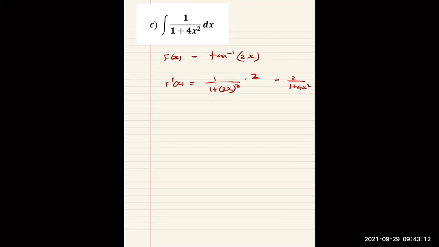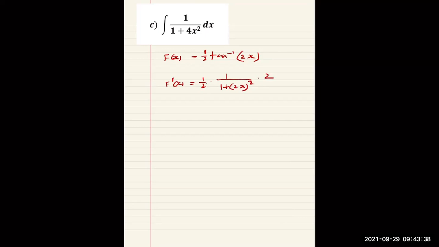Okay. Now let me erase this one again, and let me put a 1/2 here. Now, if I take the derivative, that is going to be 1/2 times the derivative of tan inverse 2x, which is 1 over 1 plus 2x squared times the derivative of 2x, which is 2.